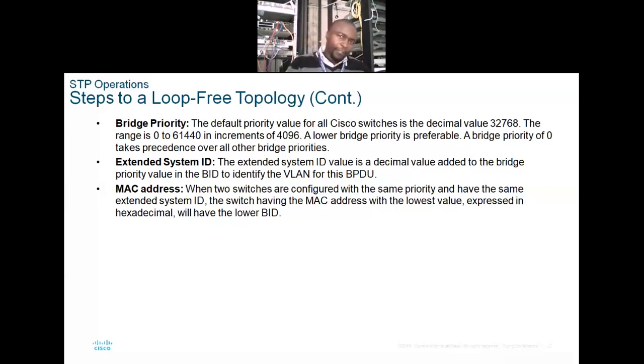The switch is now going to calculate the size of the MAC address, and based on the size of the MAC address, the one with the lower value is going to be elected as the root bridge. But if you don't want that, then you have to manually assign the priority value so that you can determine the root bridge.